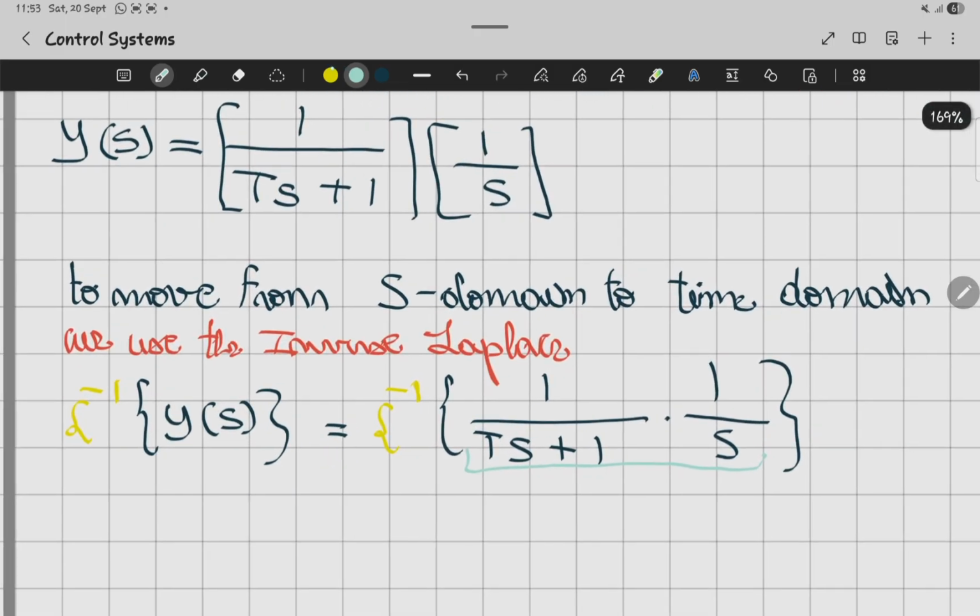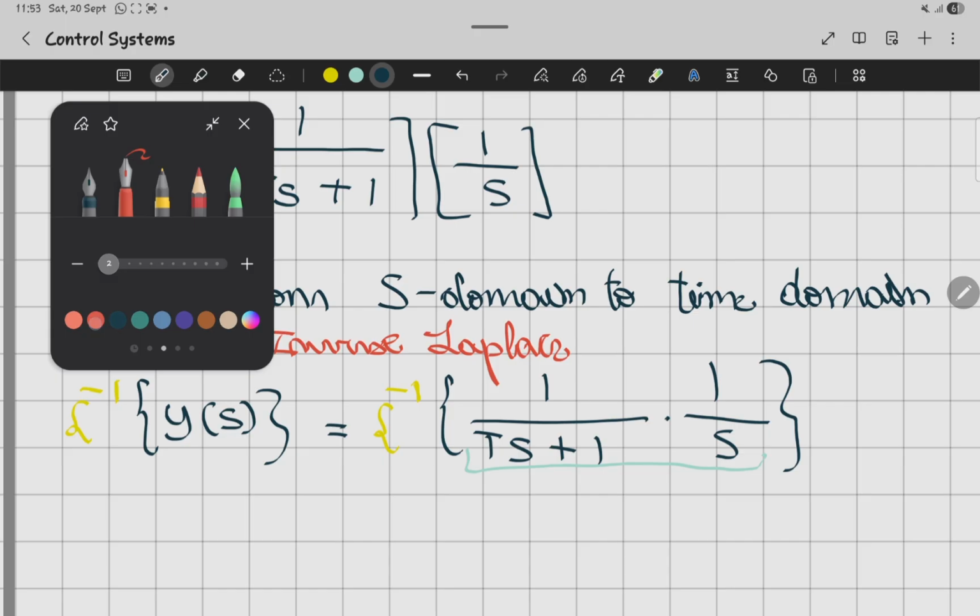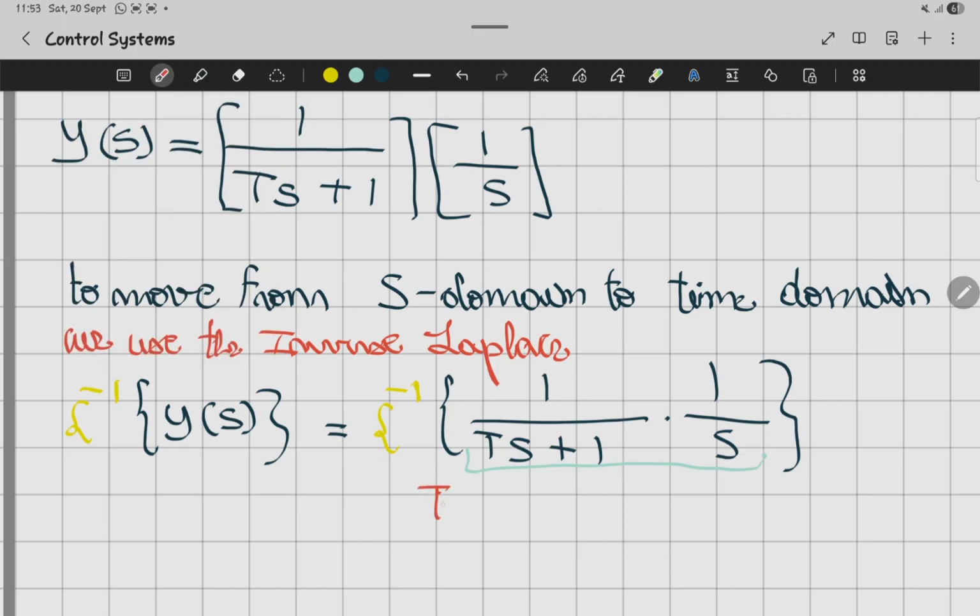This form is missing from the Laplace table.